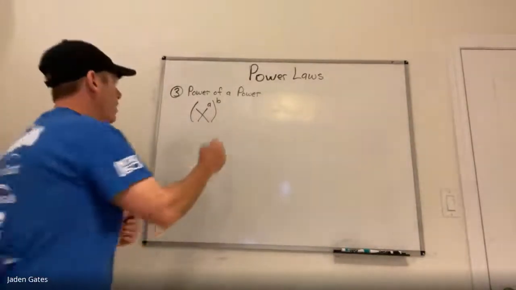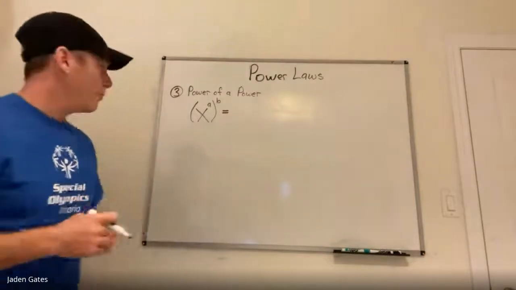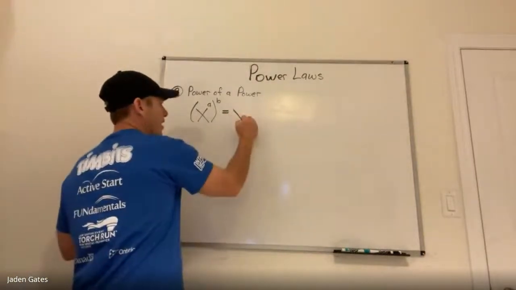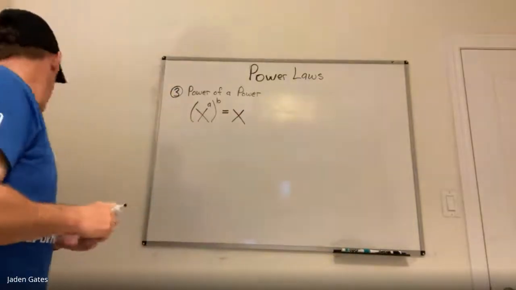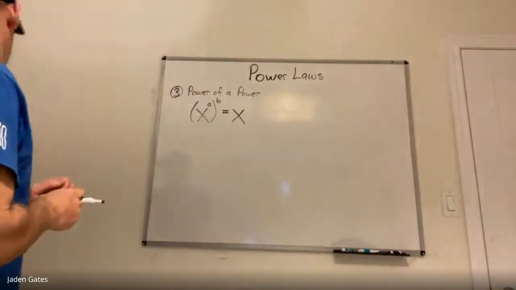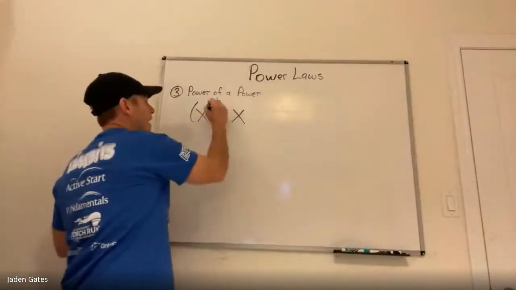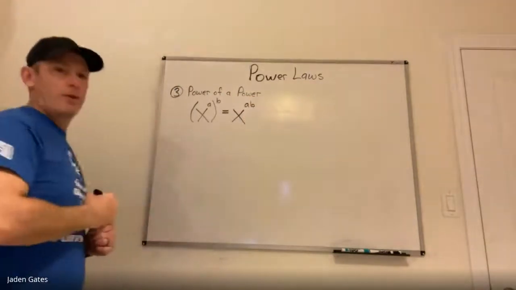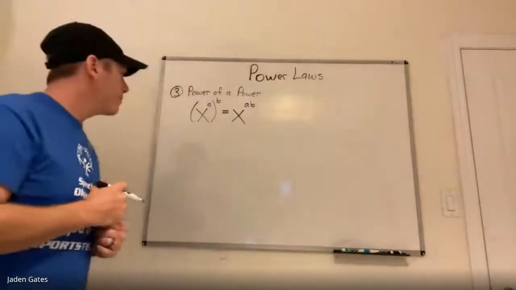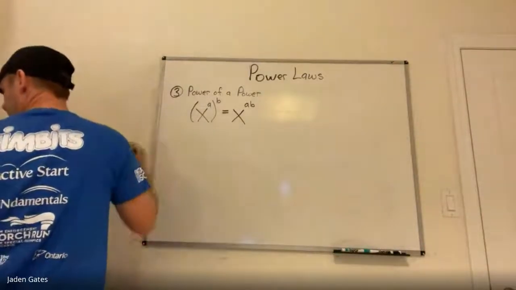Now, we only have one base here, but that's the base we are going to end up with for our answer. So we have a base of x. And what happens with this one is that we multiply our exponents. So if I have an a and a b, I'm going to have a times b on my answer for my final power.